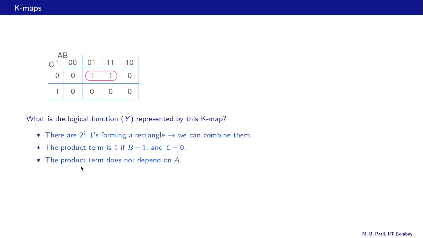Second, the product term does not depend on a. And we can see that from here. The product term is 1 if a is 0. It is also 1 if a is 1. So clearly it does not depend on a.